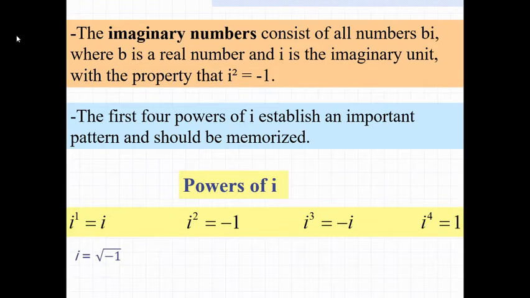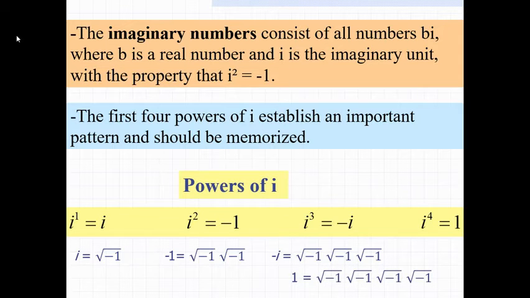So i to the first power is equal to i, and remember that that is equal to the square root of -1. i squared means that we have taken two square roots of -1, multiplied them together, and we get -1. i cubed is equal to -i, which means we've taken 3 square roots of -1 together.